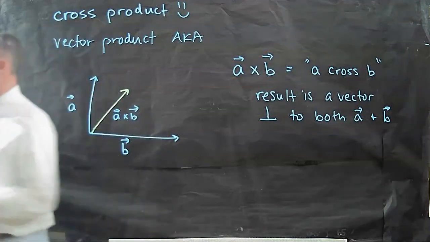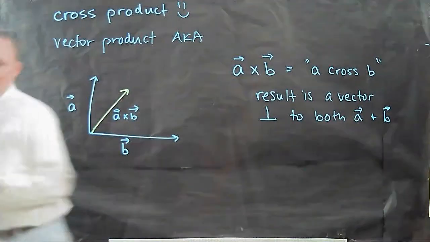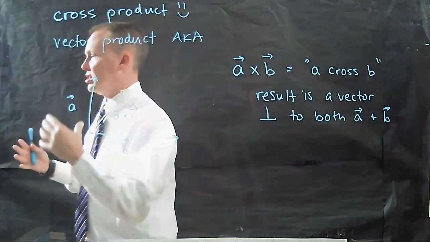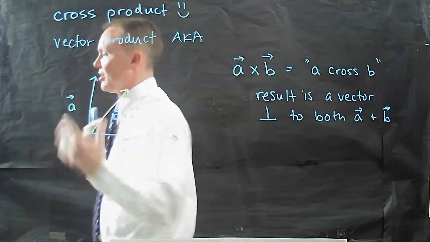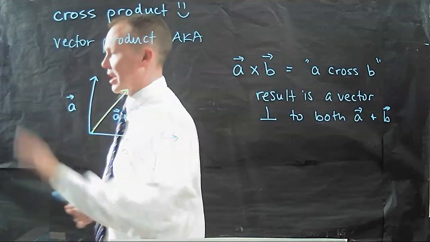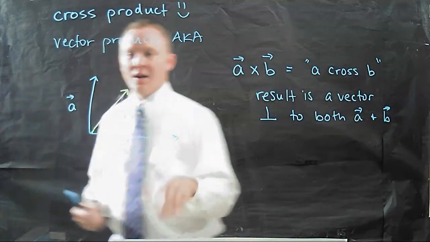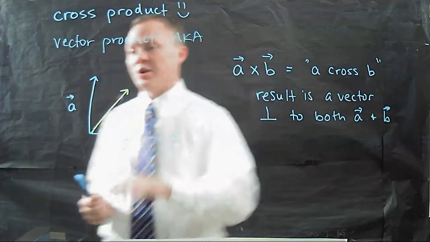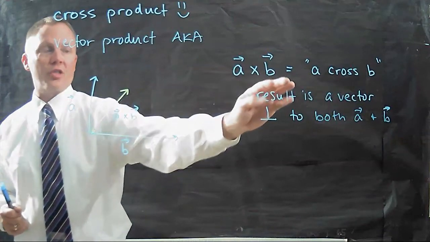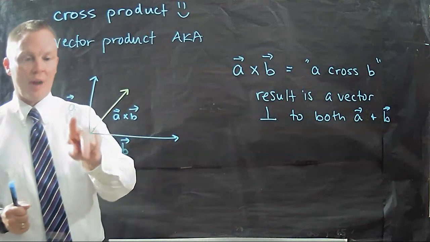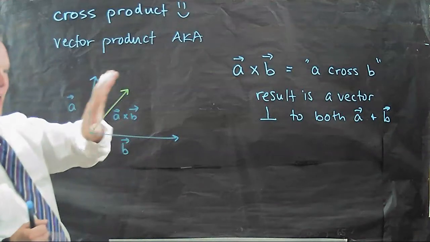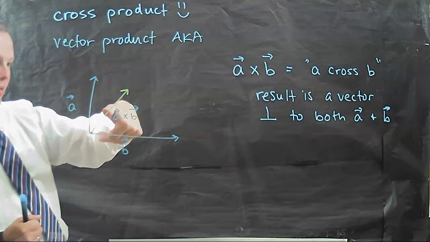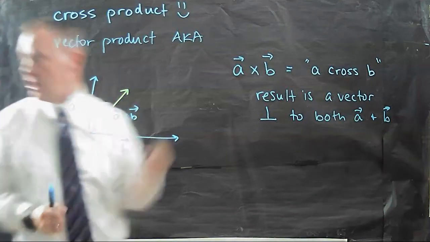This didn't even dawn on me that this was going to be so complex in a two-dimensional space. This is so much easier when you're next to me and I can show you in 3D. You curl your fingers from the one that's first to the second one. So if I curl my right hand from A to B, it's going to point in towards the wall.